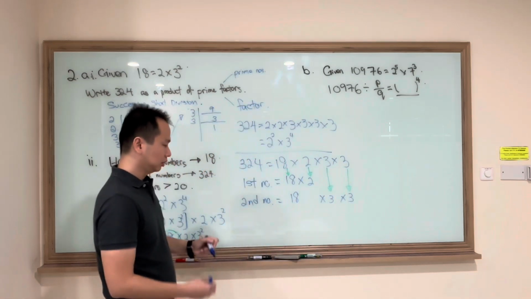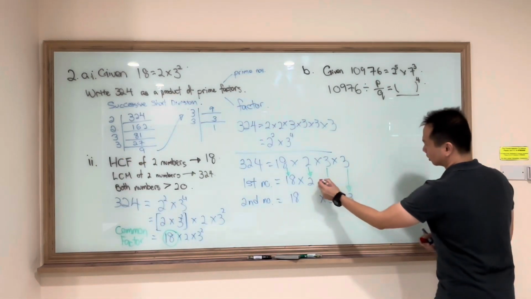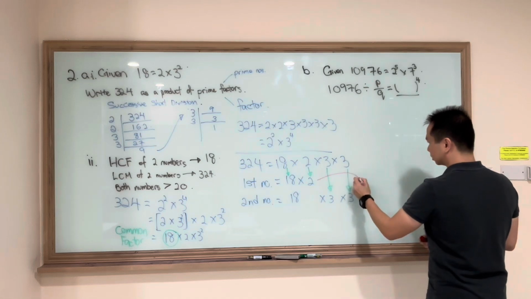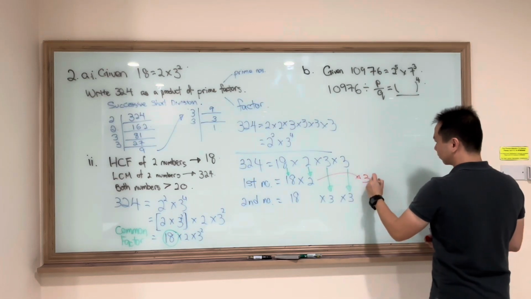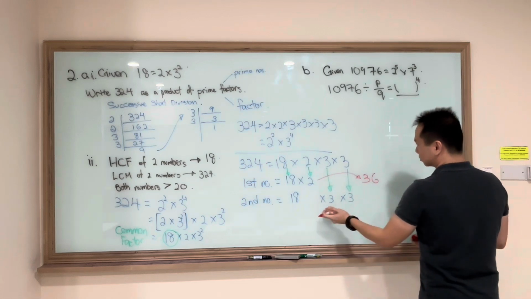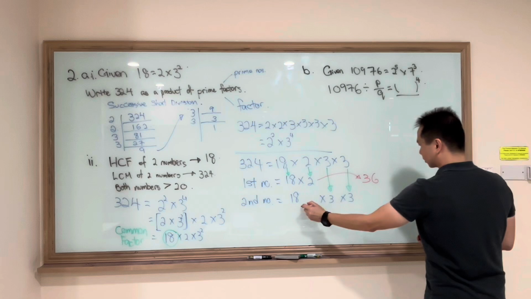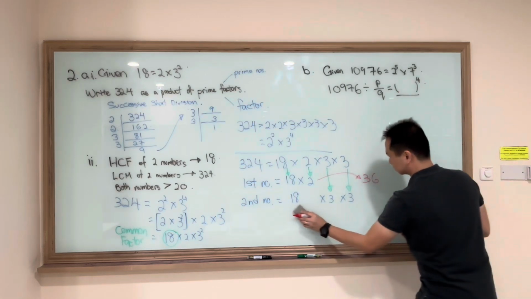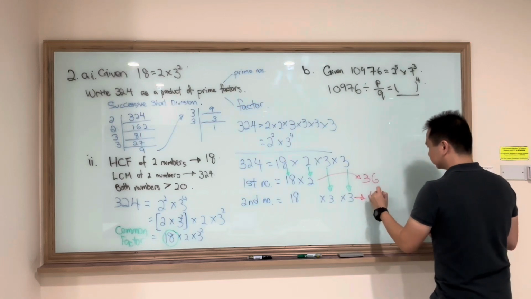So from here, we will get the answer. Sorry, we're going to do this. 18 times 2, we'll get 36. 18 times 3 times another 3, we will get 162.